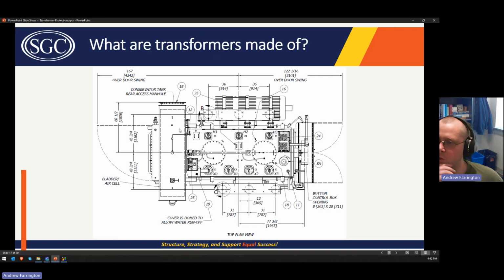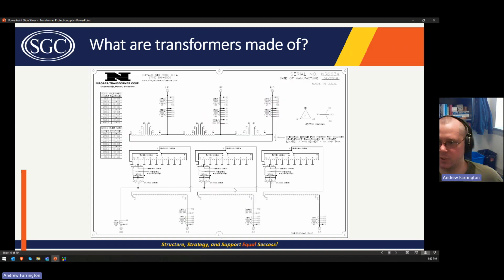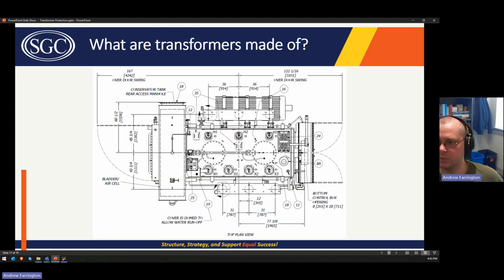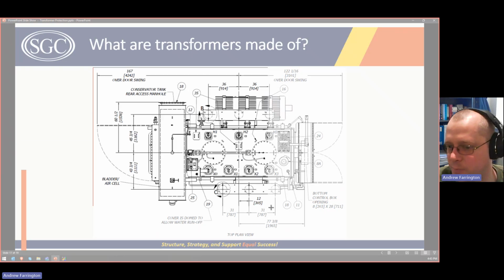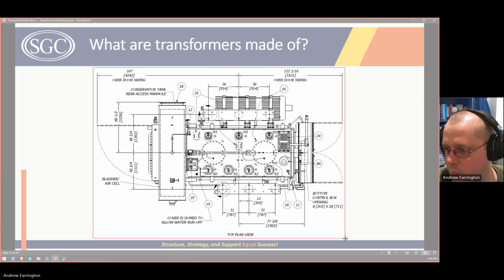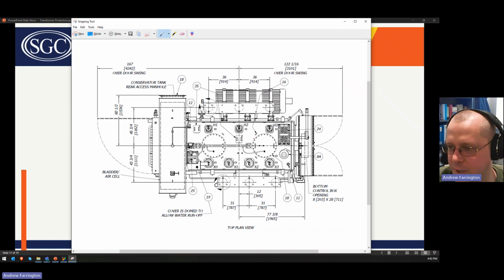These were snips from a series of drawings for this transformer, and it does a better job of pointing out all of the different components. One other thing that I wanted to point out is there's a common problem with people connecting the phases incorrectly to a transformer such that the phase shift is incorrect, right?